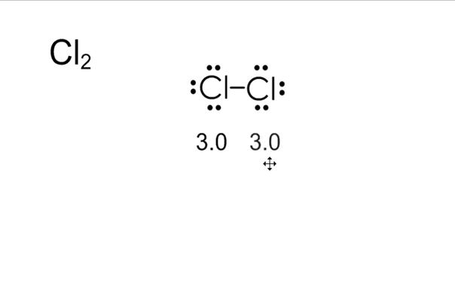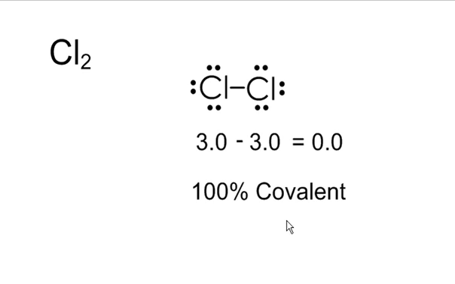The second one has an electronegativity of 3.0. If we subtract to find the difference, we find out, well, that's a difference of 0. That is what we call a 100% covalent bond. In that case, we'd expect the shared pair of electrons to be distributed equally between these two atoms.